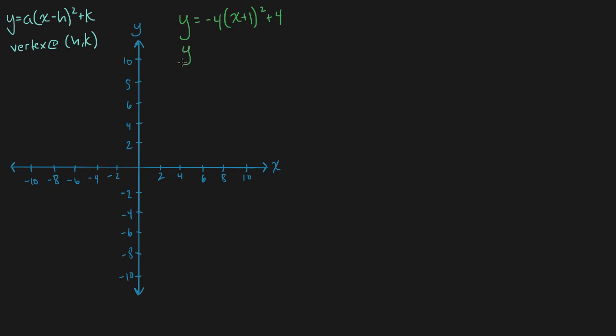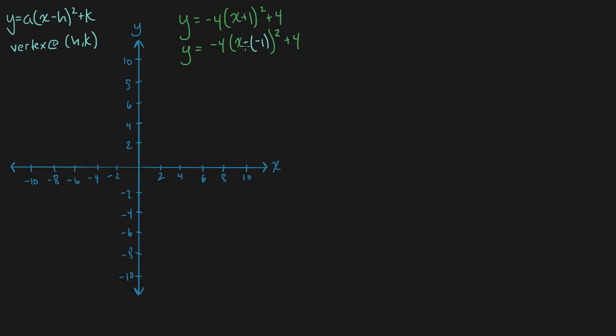So that's going to be y is equal to negative 4 times x, and then I'm going to write this in teal just to make that clear. x subtract negative 1, squared plus 4. So these are equivalent equations.